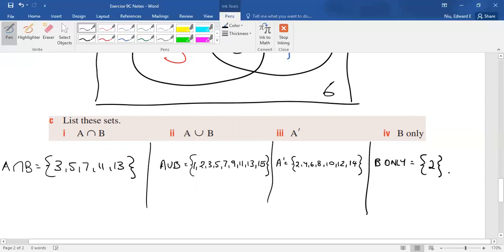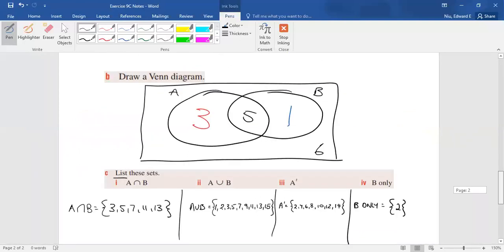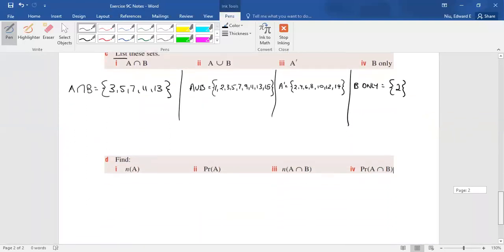And we've listed our sets. Whenever you hear or see the word list, we have to put the set brackets in and write down each and every number that's in the sets. Okay, so hopefully that's made some sense. And let's take a look at the next one.